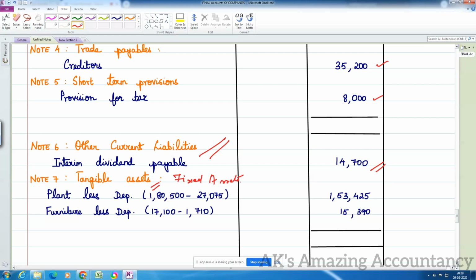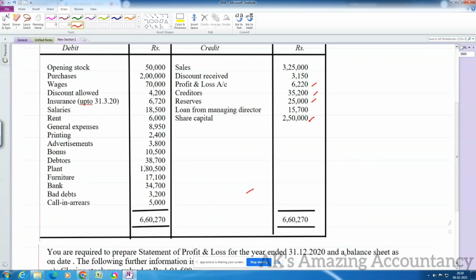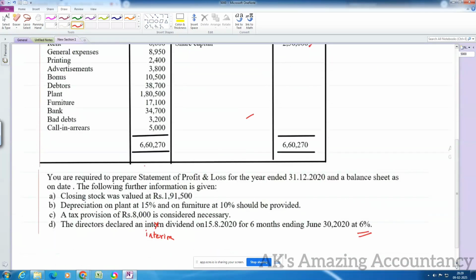So under fixed assets, you'll have plant less depreciation, which we have already calculated. Hope you remember, you were given the problem to calculate depreciation on plant as well as on furniture. So let us have a look at the problem once again. So in the problem, it was given depreciation on plant is 15% and depreciation on furniture is 10%.